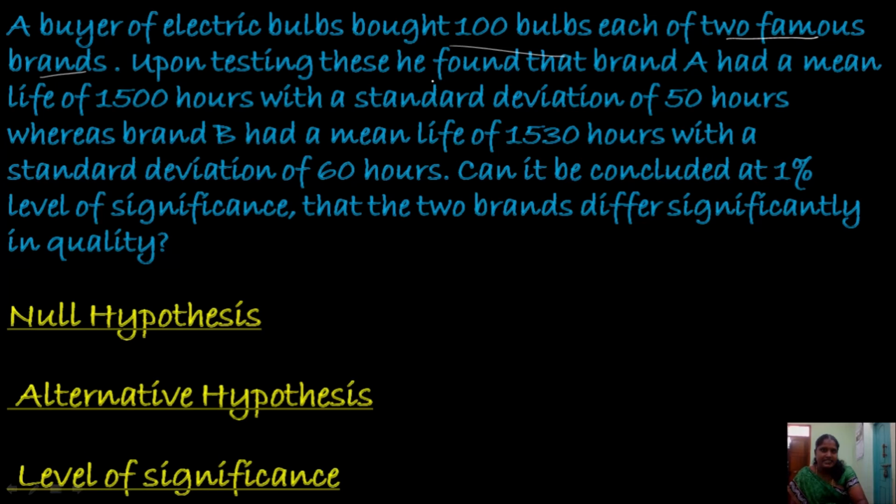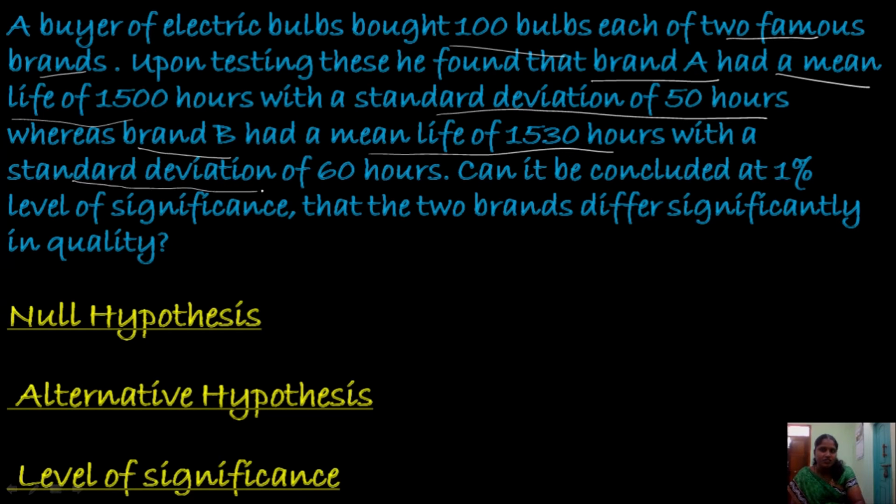Upon testing these, he found that brand A had a mean life of 1500 hours with a standard deviation of 50 hours, whereas brand B had a mean life of 1530 hours with a standard deviation of 60 hours. Can it be concluded at 1% level of significance that the two brands differ significantly in quality?